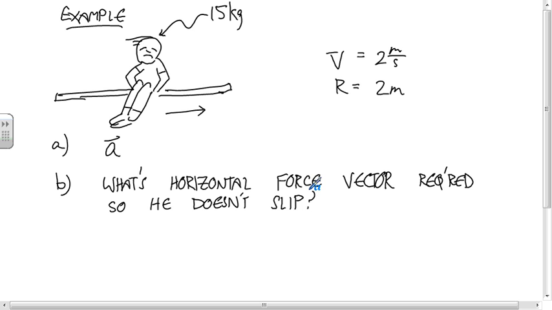Okay. See if you can work through that one together. This is a side view, a top view. He's going, so he's sitting here like this, going this way.